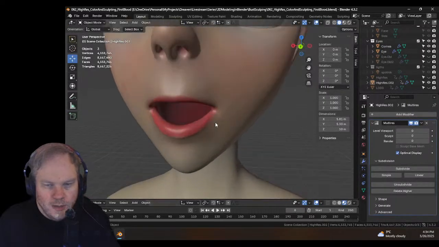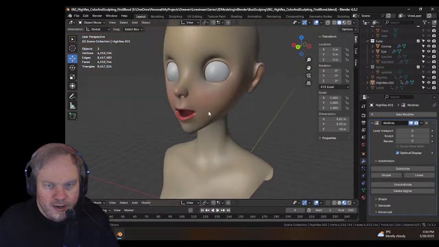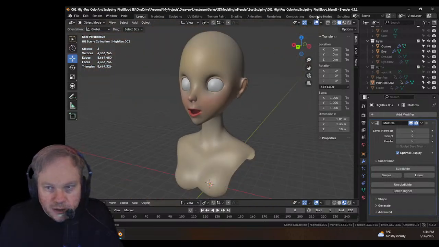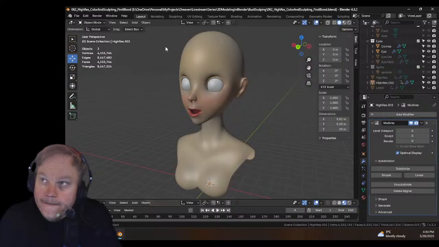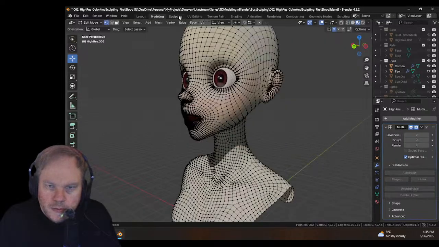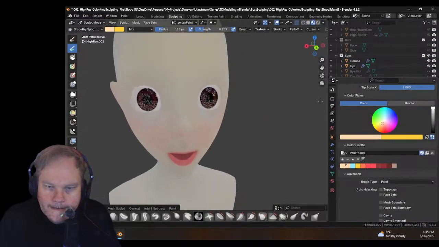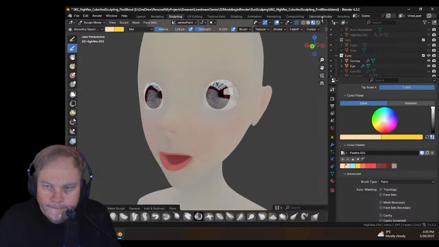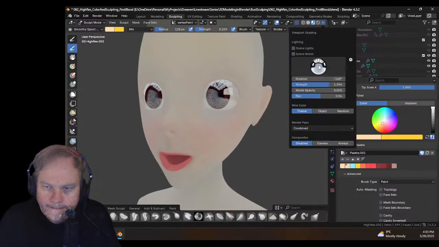So the lips were a bit reddish, too much red. So let's see.